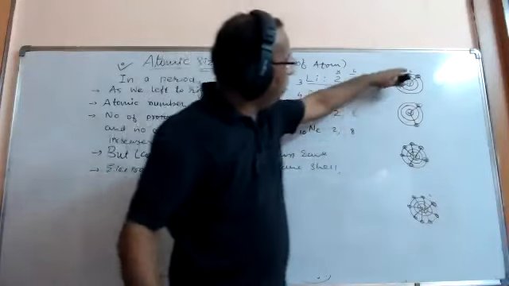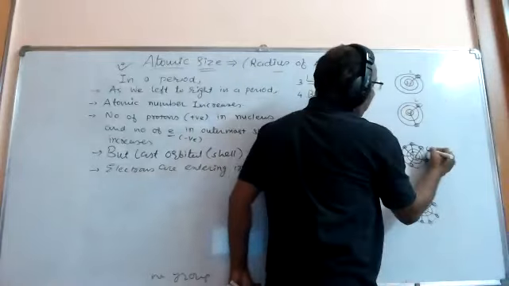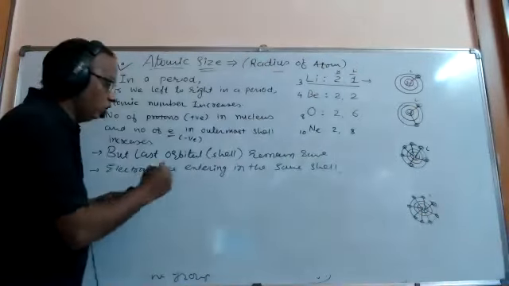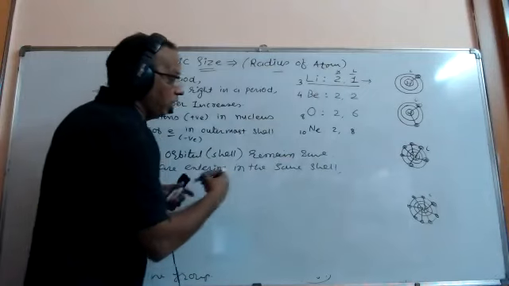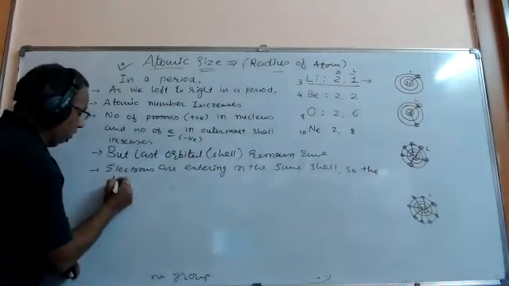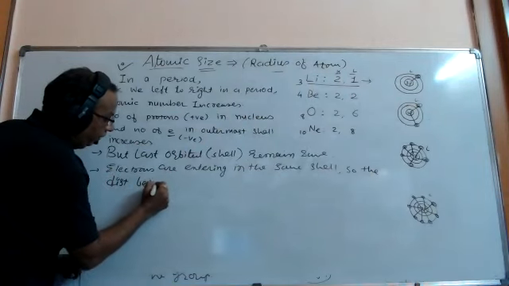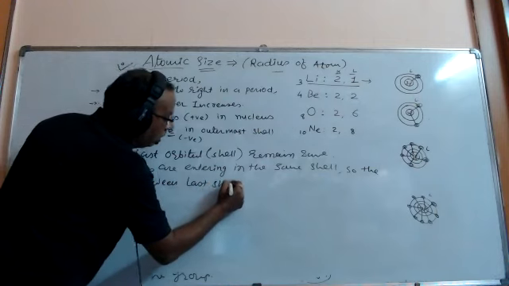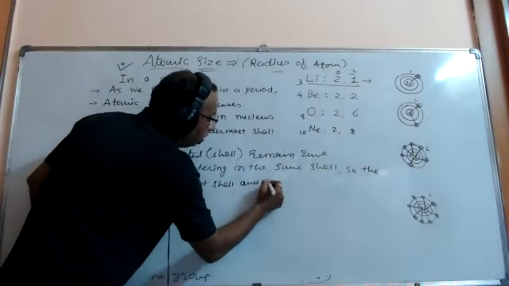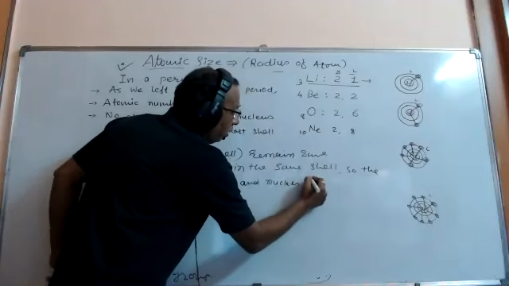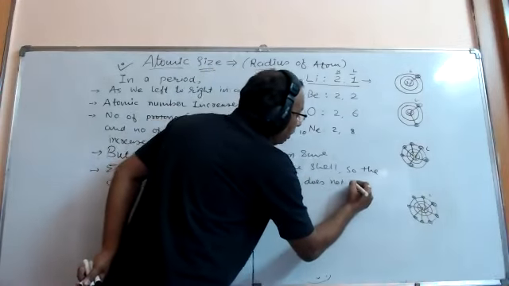As you can see, this is the L cell, this is the L cell, L cell, and L cell. So the number of cells is not increased. Electrons are entering the same cell. So the distance between the last or outermost cell and the nucleus does not increase.